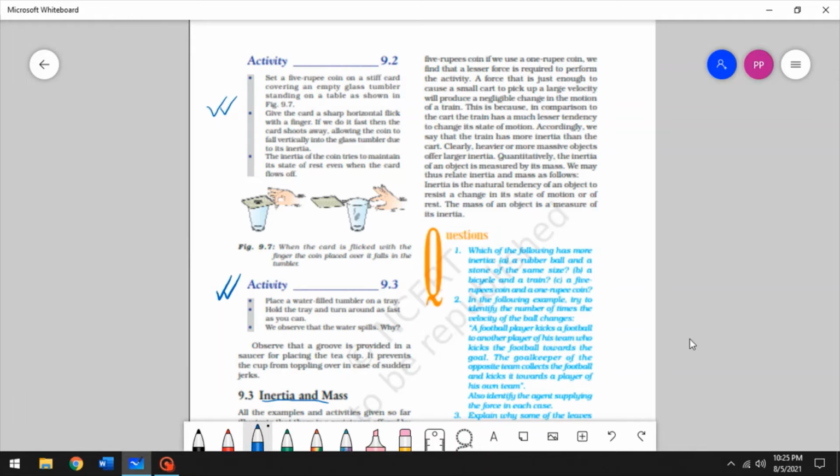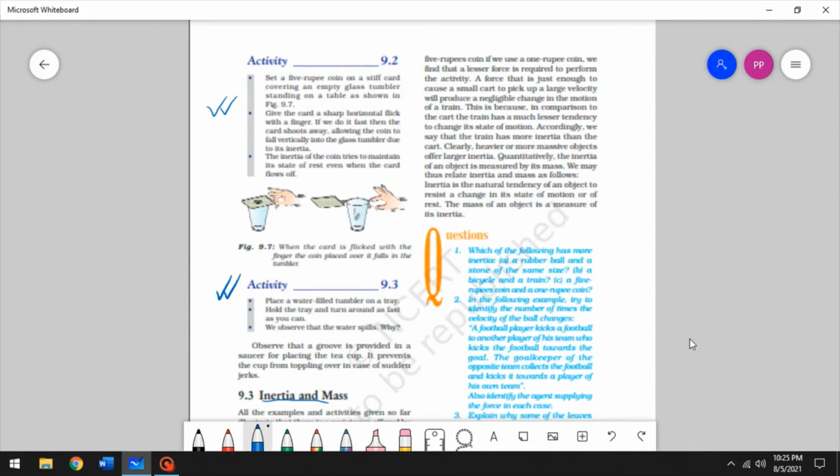So if you compare a toy car with a truck, a truck is more heavy. A truck is more massive than the toy car, right? So more massive and heavier objects are less likely to change their state of motion under a weak external unbalanced force.